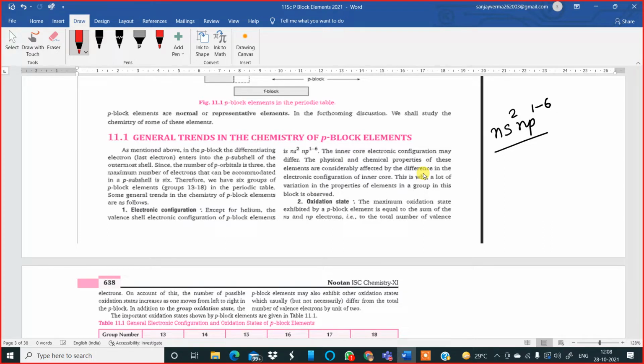Moreover, the inner core electronic configuration may differ. The physical and chemical properties of these elements are considerably affected by the difference in the electronic configuration of the inner core.